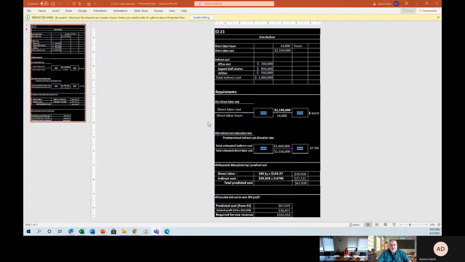Can you guys see that Excel spreadsheet? It's all black? Yeah. Okay. Zoom in a little bit.